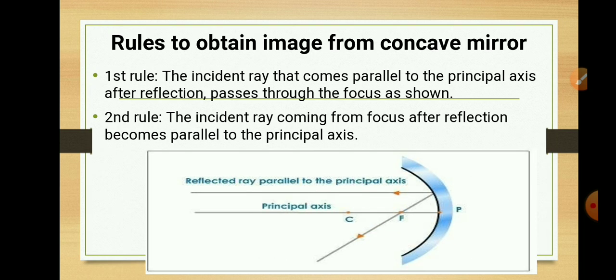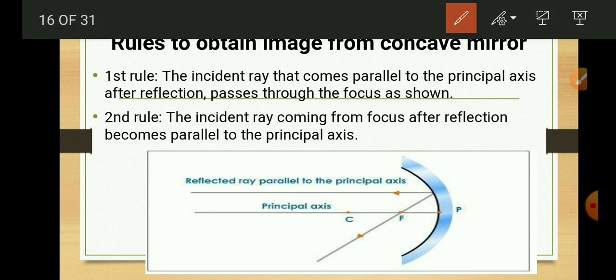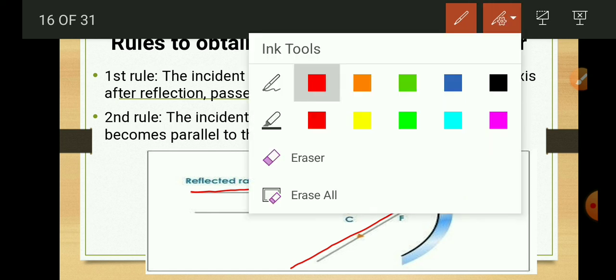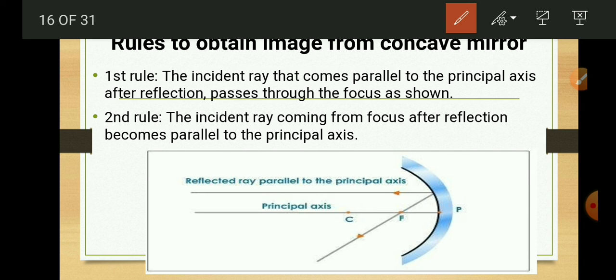The first rule is: the incident ray that comes parallel to the principal axis, after reflection passes through the focus, as shown in the figure. Here we can see that whenever the incident ray is parallel to the principal axis, then after reflection it will pass through the principal focus. The second rule is: the incident ray coming from the focus, after reflection becomes parallel to the principal axis.